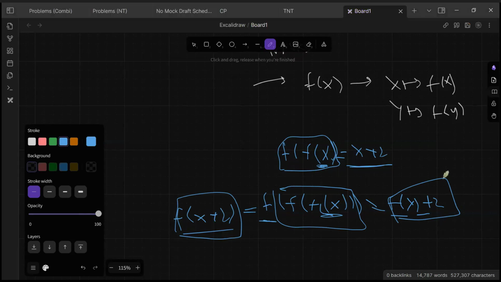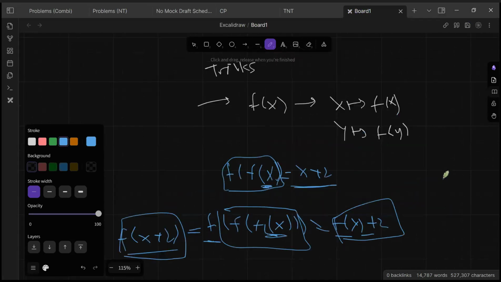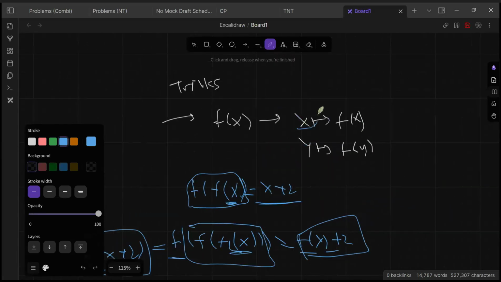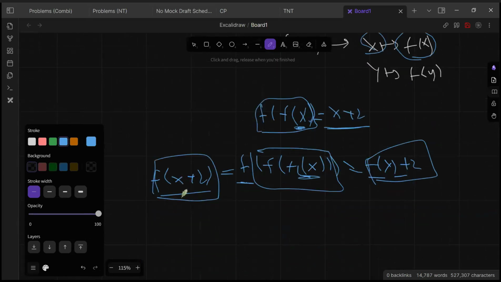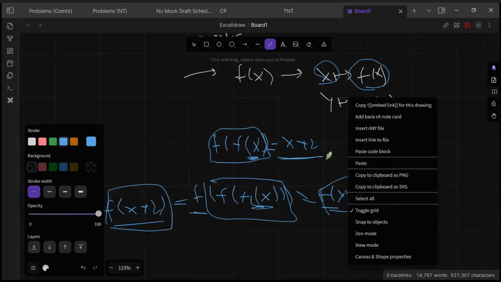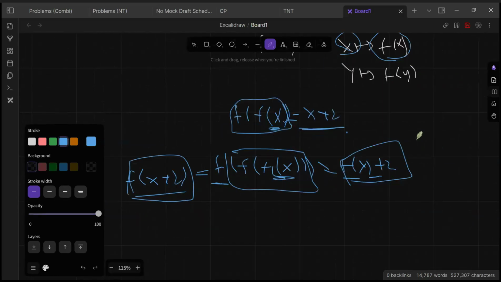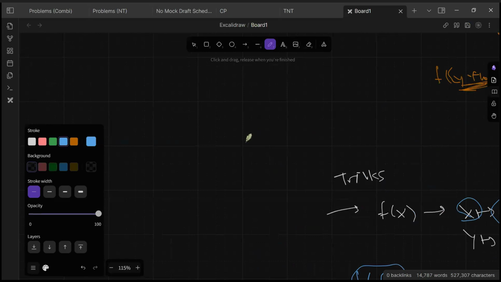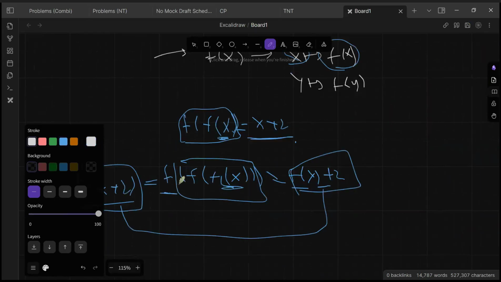No, you don't need to have f as surjective, because what I'm doing is substituting x as f of x. I'm not assuming f of x is some particular value. I'm just saying this equation holds. So this is called the triple f trick in some places.